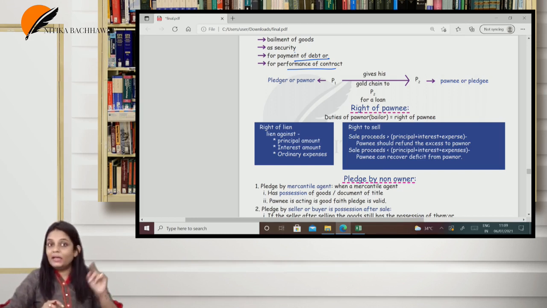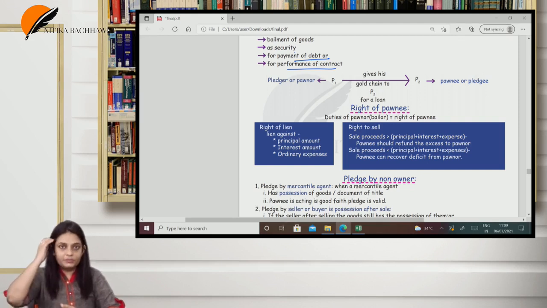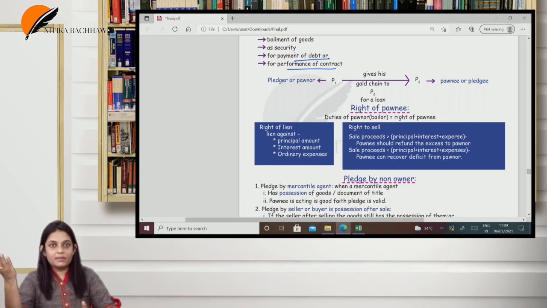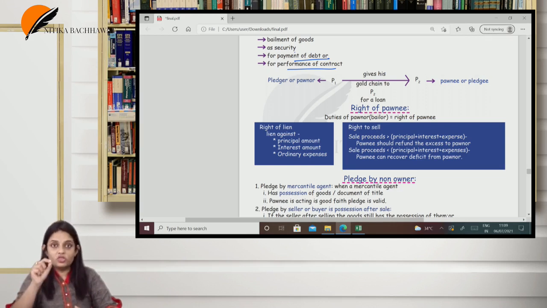If you remember that tailor case, if you don't give the tailor the payment for the shirt that he has stitched, can he exercise a lien over the shirt? Yes. Now he was supposed to deliver the shirt to you today, but after 2 months you go and claim the shirt.